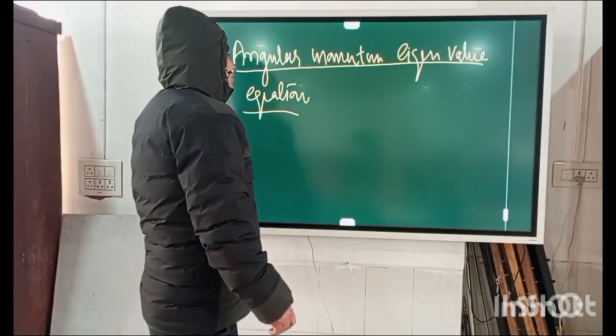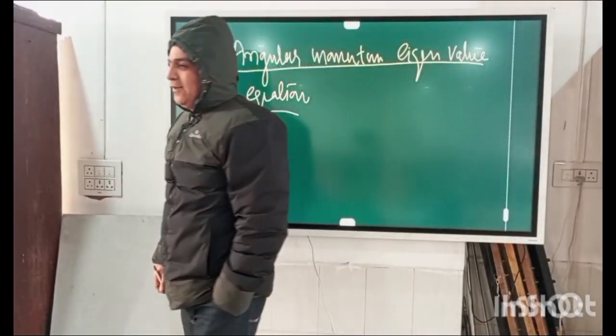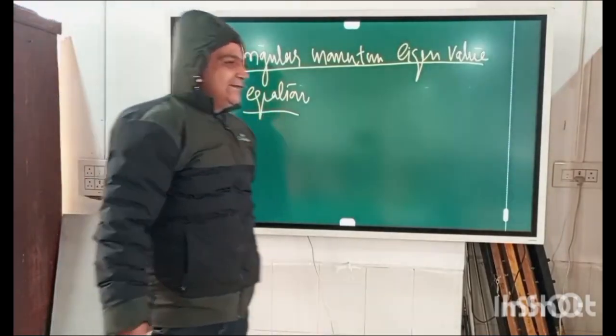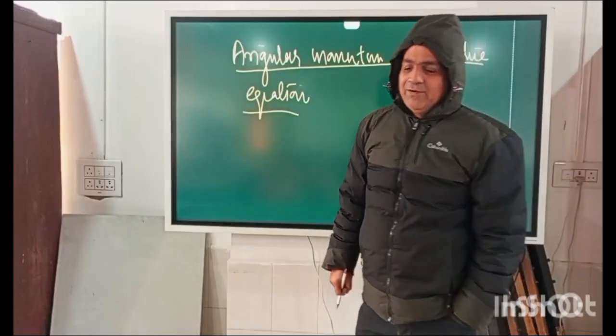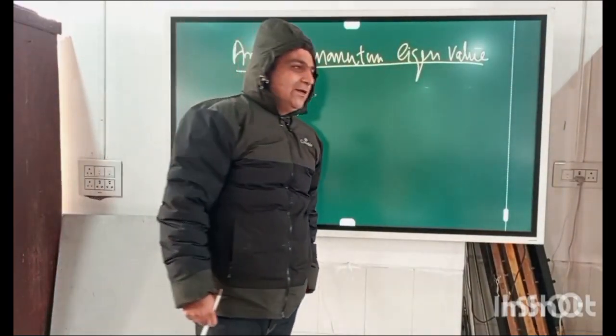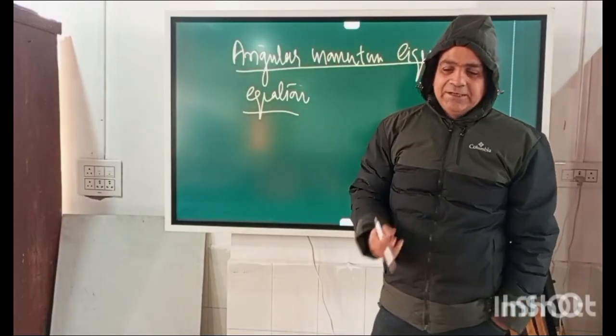So we will be talking about the angular momentum eigenvalue equation today. If I quickly summarize what we have done, we have taken the Schrödinger wave equation and solved the problem of the hydrogen atom based on the quantum framework.